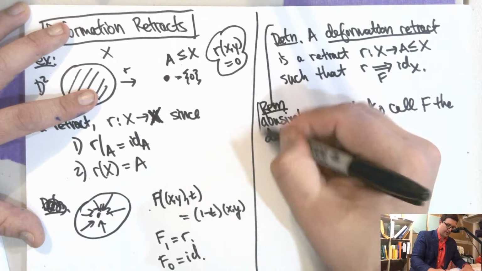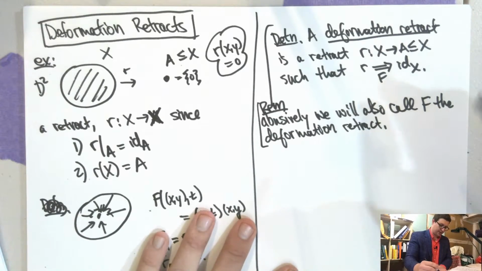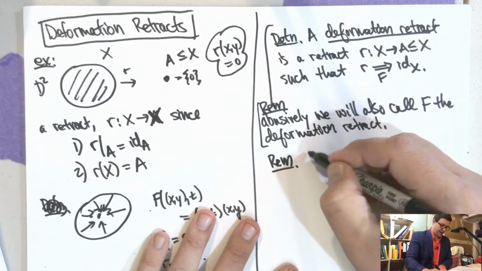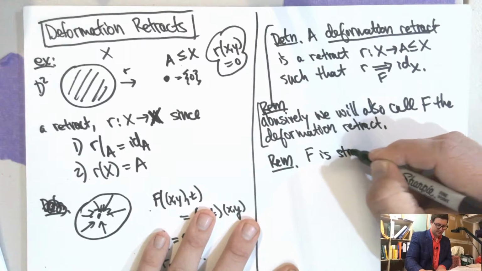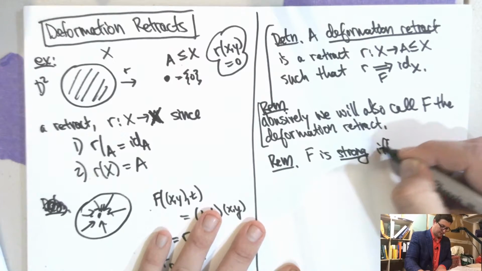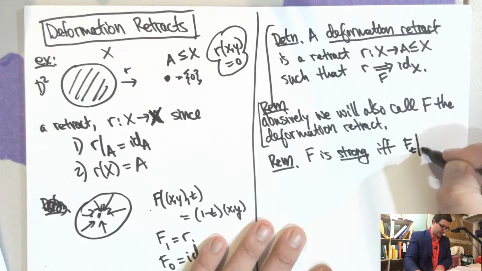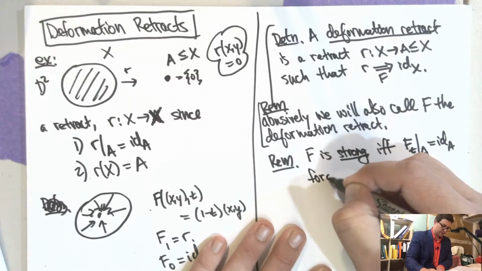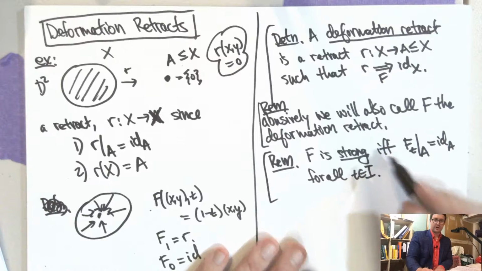So we have a retract that is homotopic to the identity, and let's make another remark: we say F is strong if and only if F_t restricted to A is the identity on A for all t in the interval. Okay, so this is a strong deformation retract.